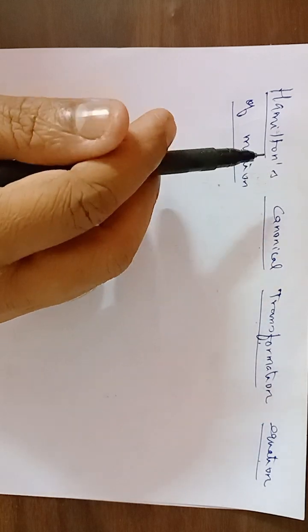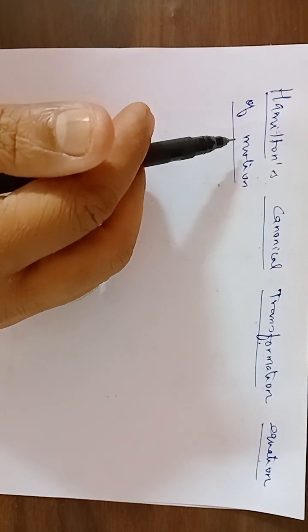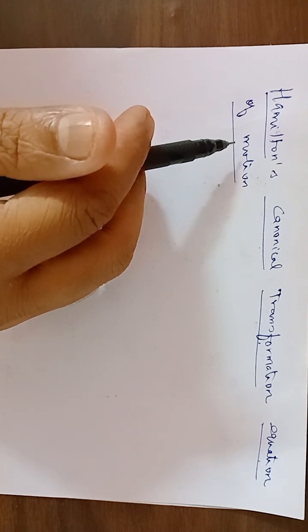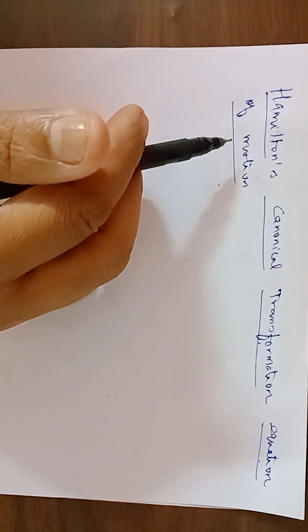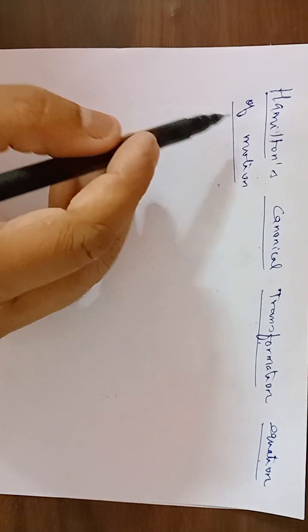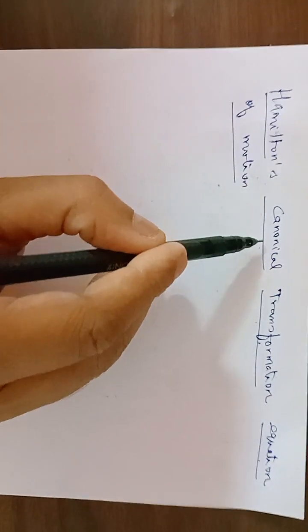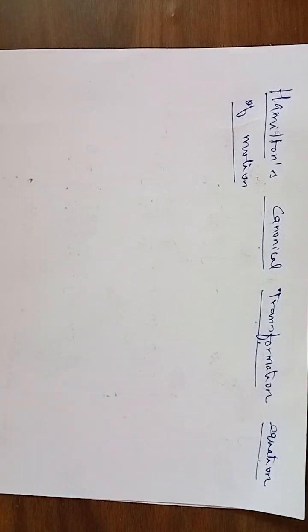We know canonical functions, we know the canonical variational principle, and we derived the Lagrangian equation of motion from the variational principle. Now in this class I am going to teach you how Hamilton's canonical transformation equation of motion will be derived.